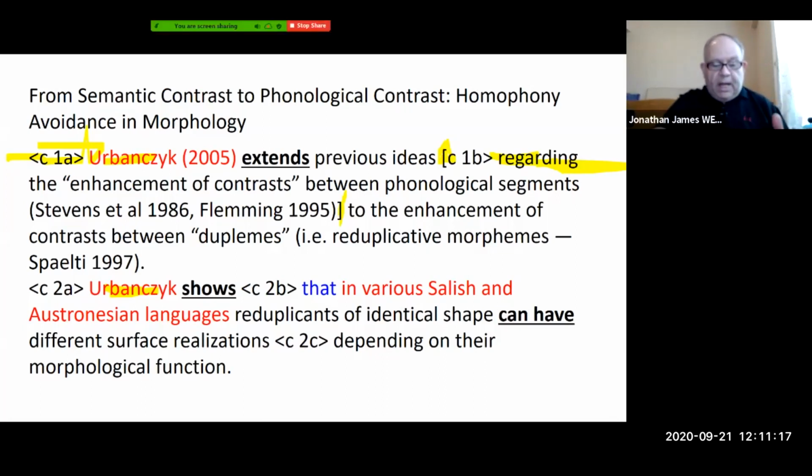Second sentence, Urbanchik shows. That's the main verb. 2A, that's one clause. Now 2B, we have another clause. It begins with that. That is indicating what we've called, if you remember when we talked about the kinds of verbs, something called projection, all right?